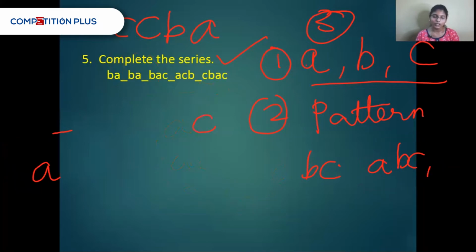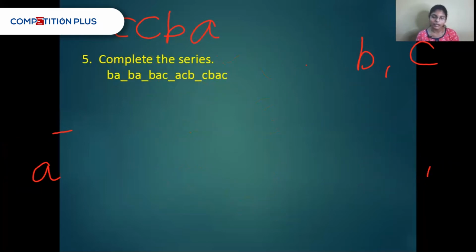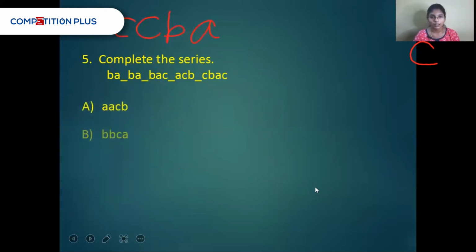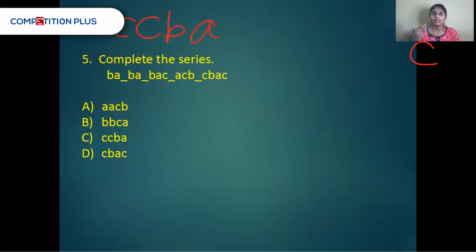This is how we solve these types of letter repetition series questions. First, identify what are the letters in the given question, what alphabets you have. Second, find out how they are repeated. Are they following a pattern of repetition, or are they just continuously repeated?